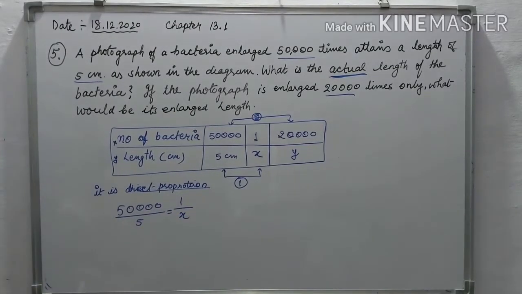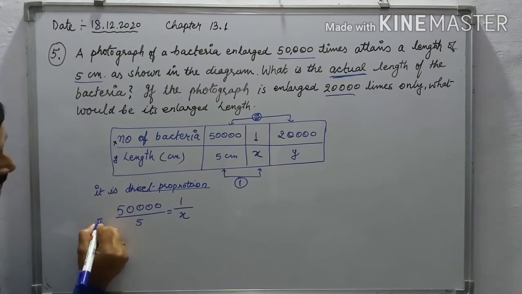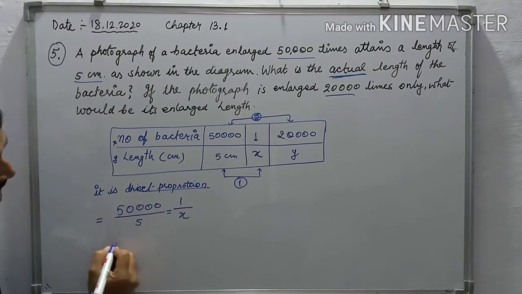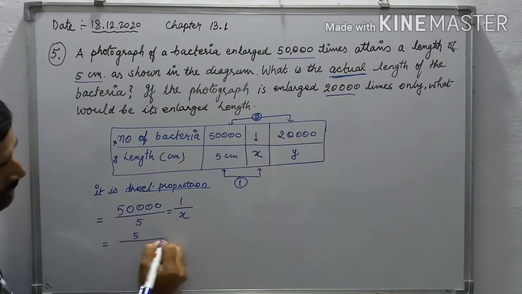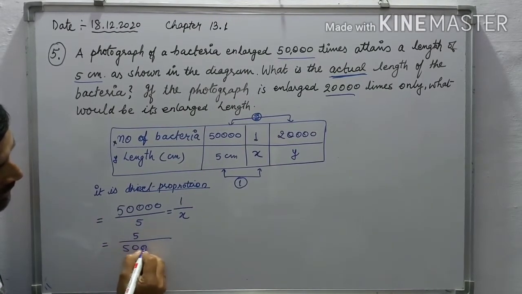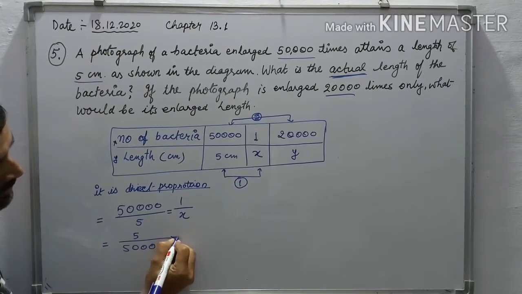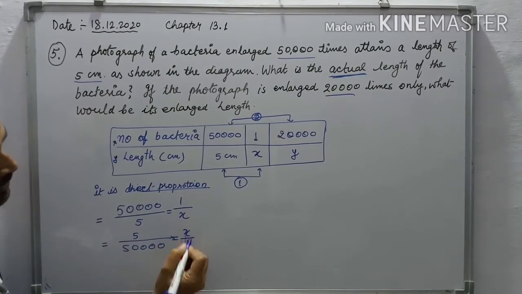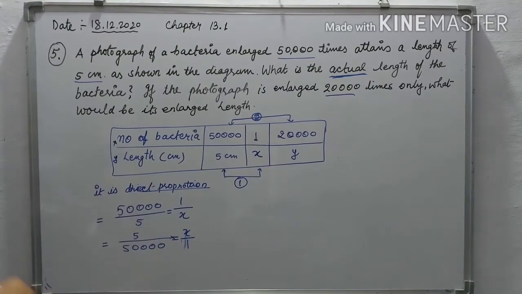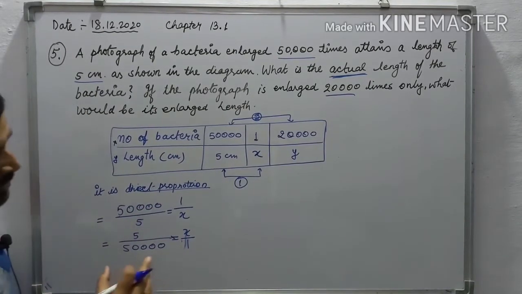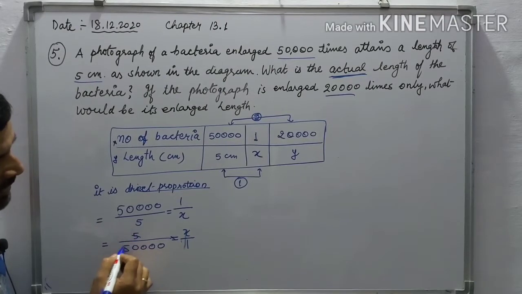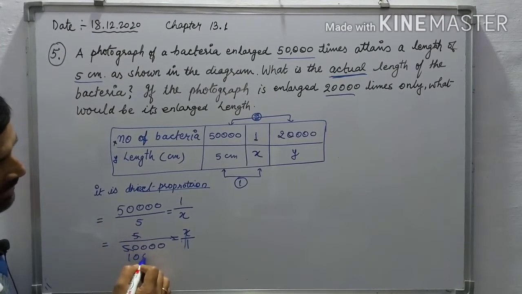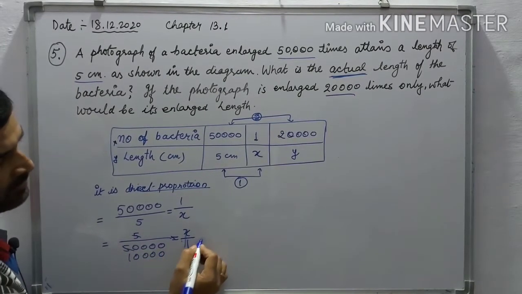x. Cross multiplication, 5 and x will be on the opposite sides, so 5 upon 50,000 is equal to x upon 1. Both sides you have the inverse form. The 5 cancels, and it means 10,000 is the value of x.